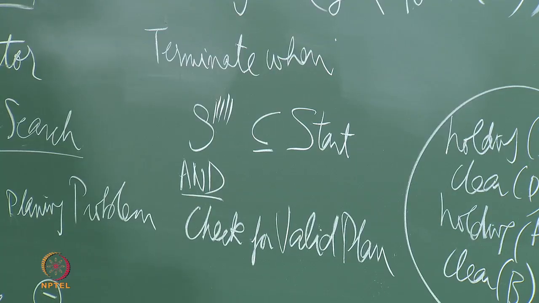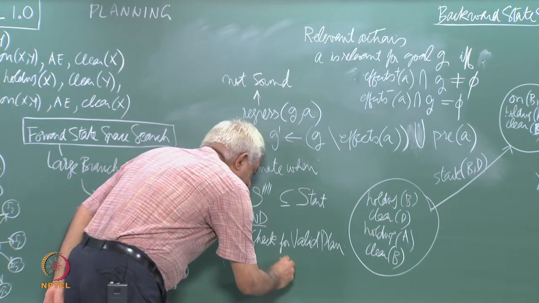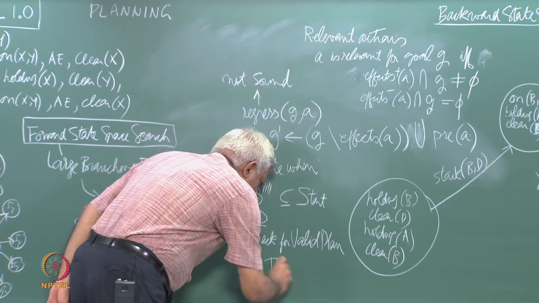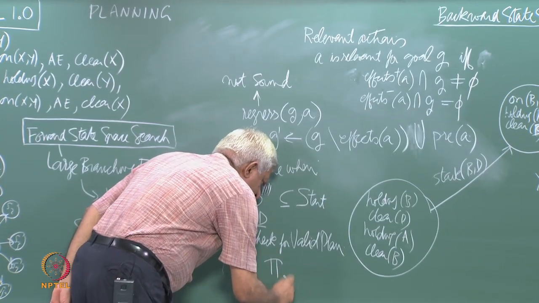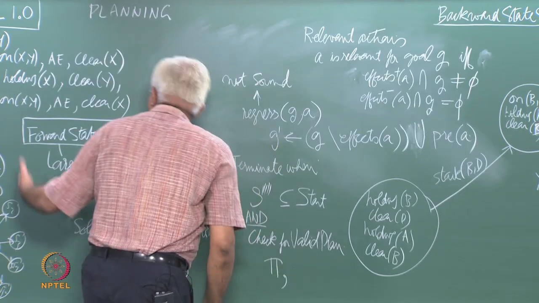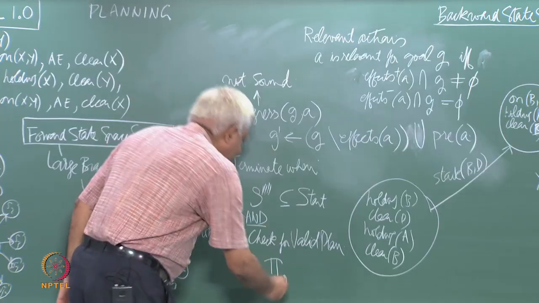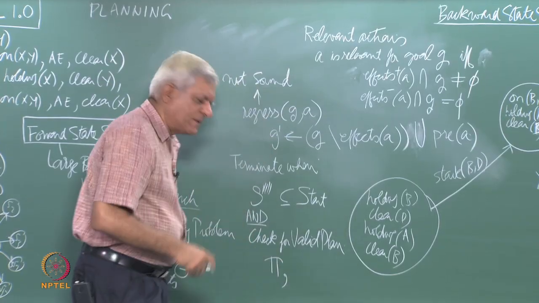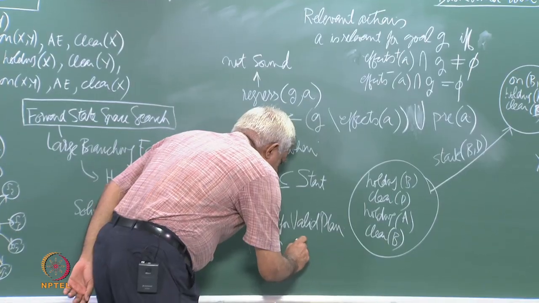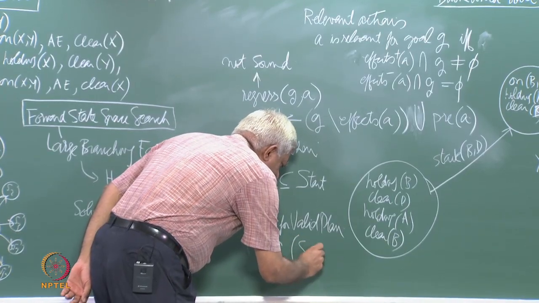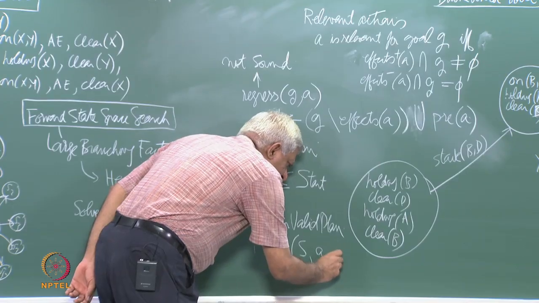So, what is a check for valid plan? A check for valid plan takes as arguments a plan pi, basically it takes a problem description and a plan, and the problem description is a start state and a goal description and a set of actions.